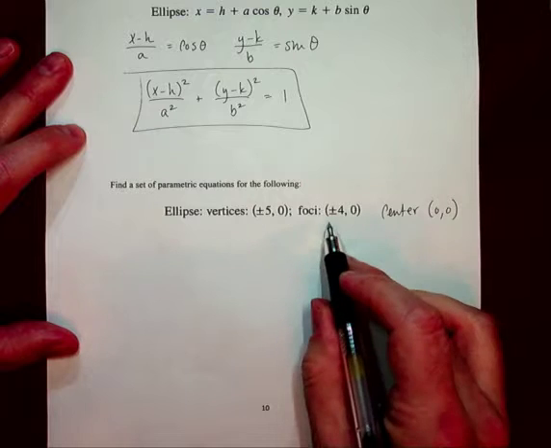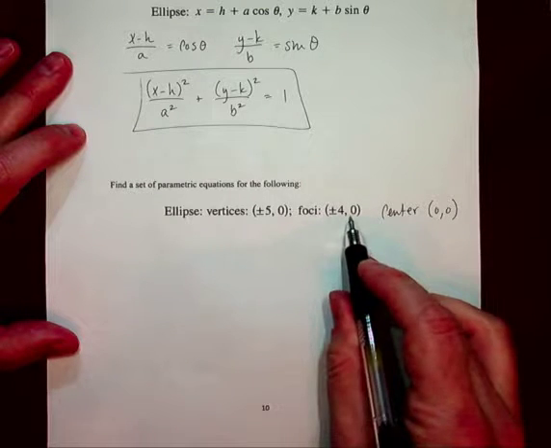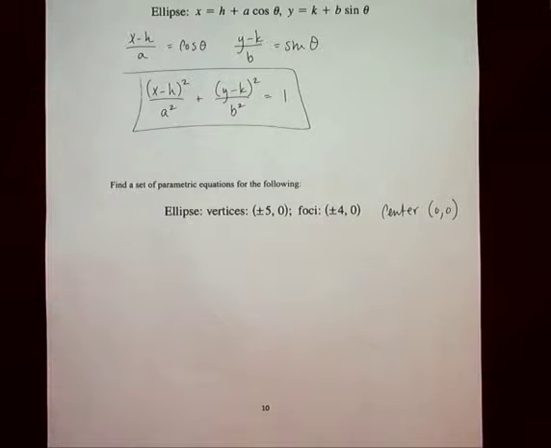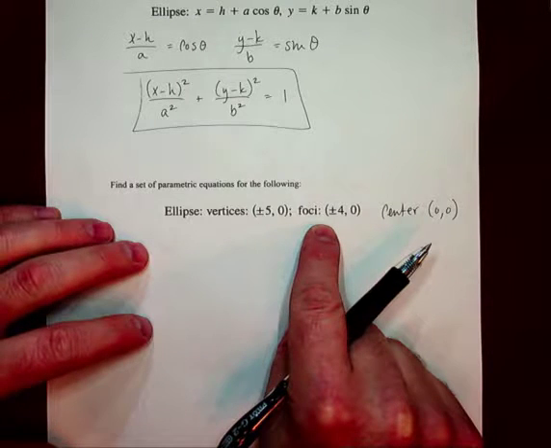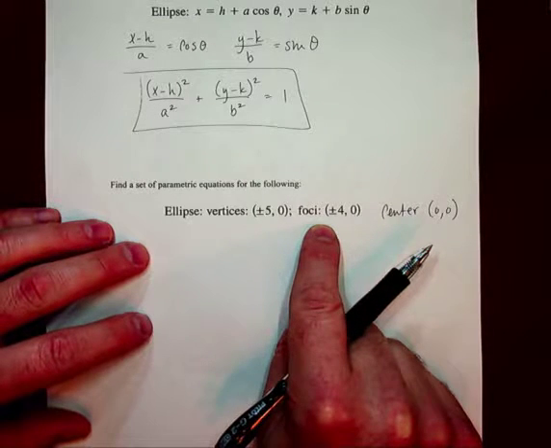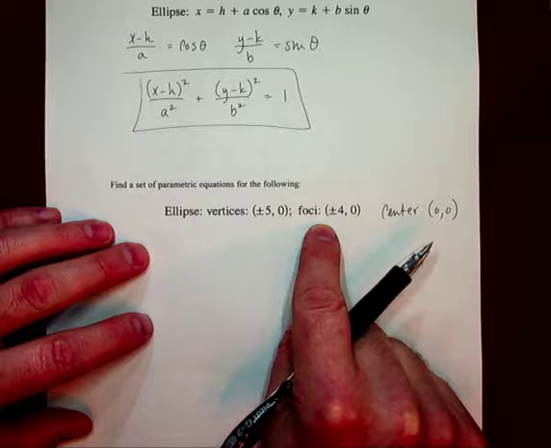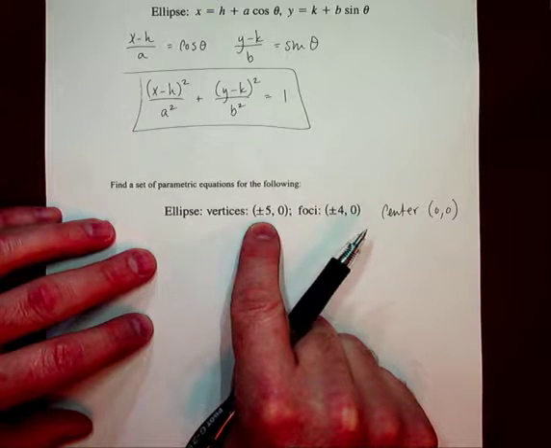Now, you're wondering, okay, well, why in the world are the foci there? Well, remember, you not only need the length of the major axis, which is 2a, which will give you a, you also need the length of the minor axis, and that, of course, the half of the minor axis and the focal length, the length from the center to the focus, will create a Pythagorean relationship with this a value.